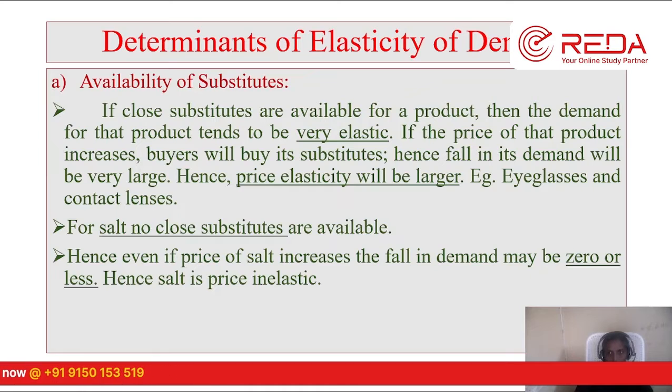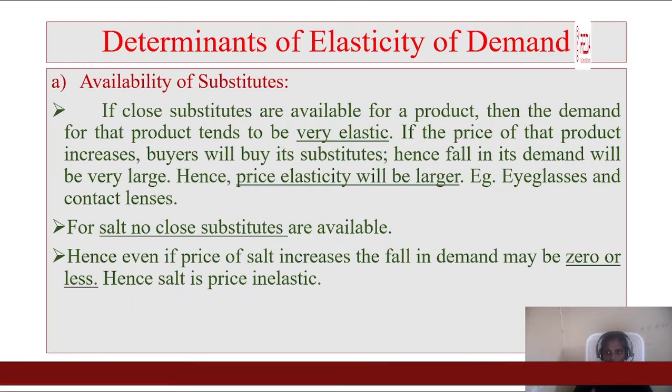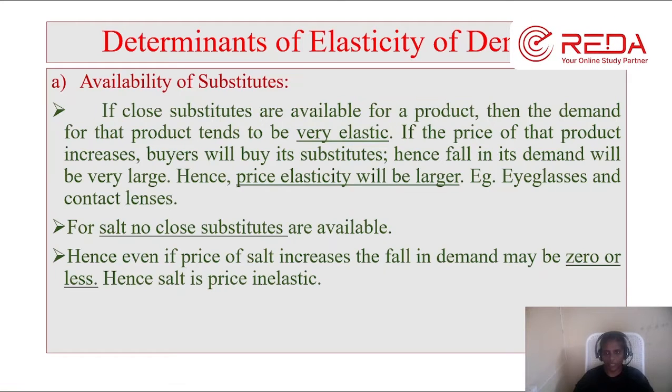If the price of the substitute goods decreases, automatically people will prefer buying the substitute goods. Preferring to buy is nothing but the demand, so the demand increases. Instead of buying eyeglasses, the consumers go for contact lenses.